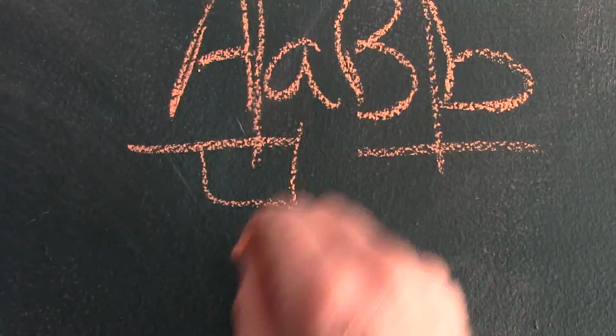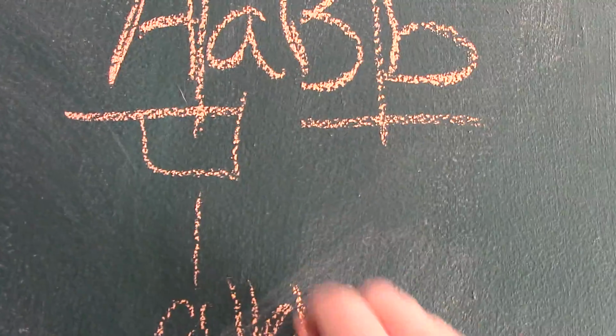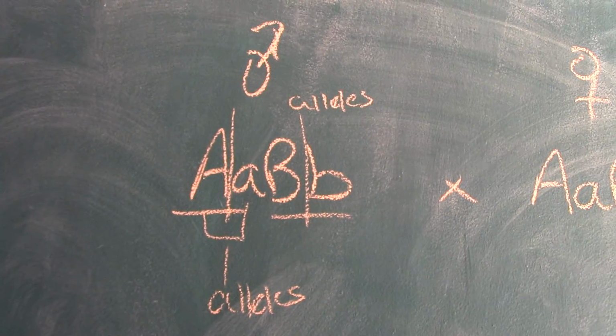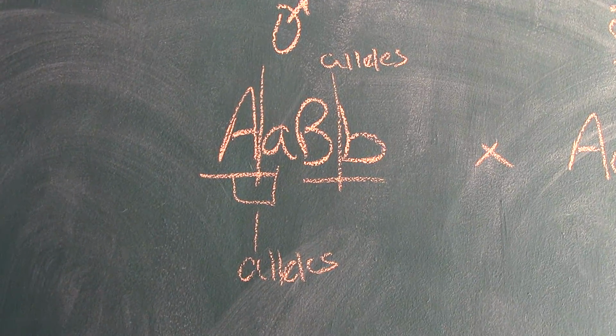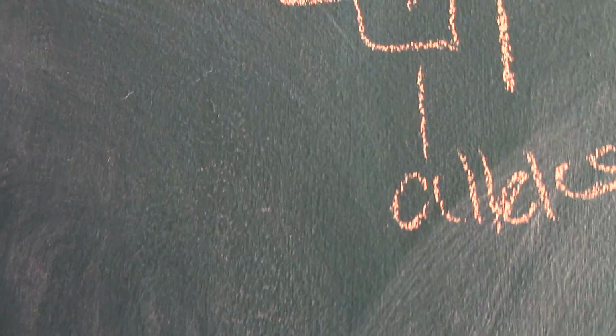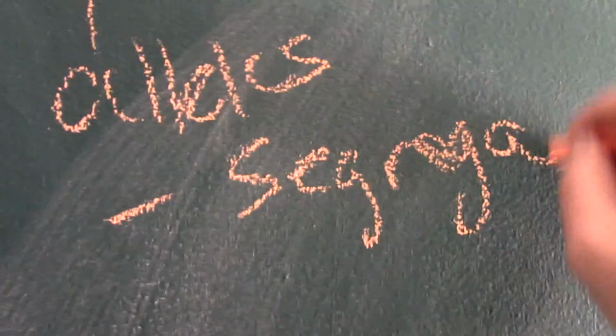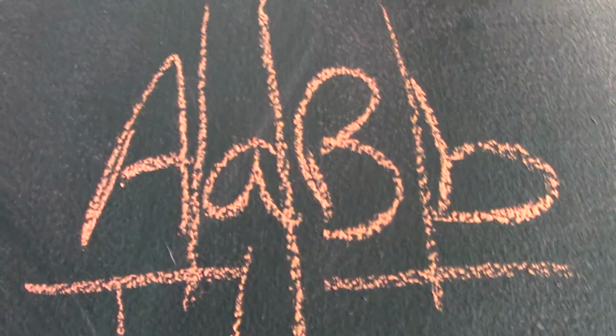So segregation is alleles that separate. These are alleles of the same trait. So alleles of the same trait have to separate without linkage. That's segregation. And then the two different traits also have to separate in even numbers, and that would be independent assortment.